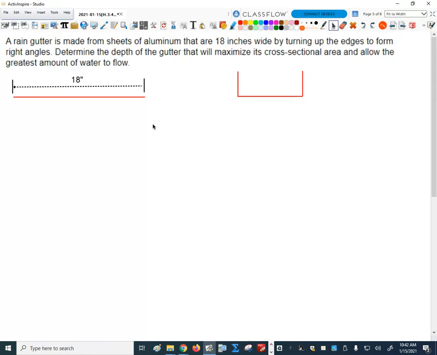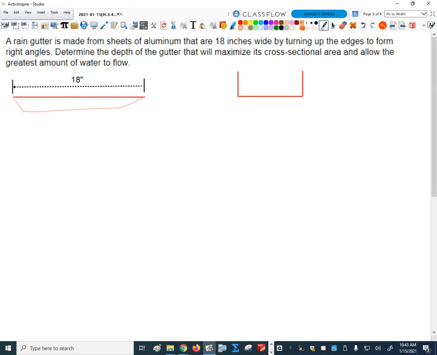A rain gutter is made from sheets of aluminum that are 18 inches wide by turning up the edges to form a trough, right? Everybody get what I'm saying? You've got these flat pieces. So if I look at these pieces of aluminum on edge, they kind of look like this, right? Here's the leading edge, and it kind of looks like that, right? So here's the front and there's the back edge, and they're real sharp. You can cut your fingers on them.